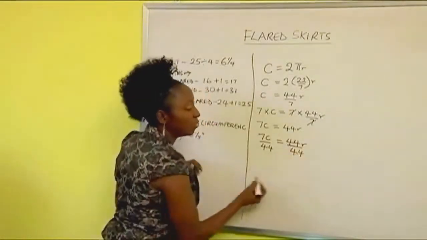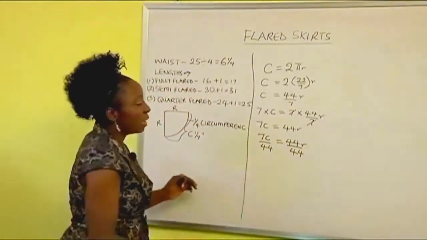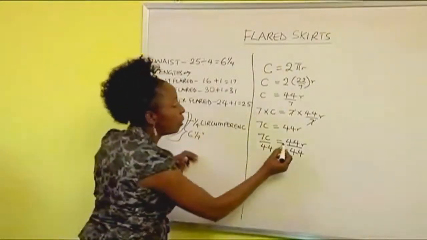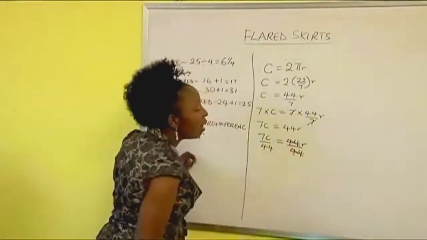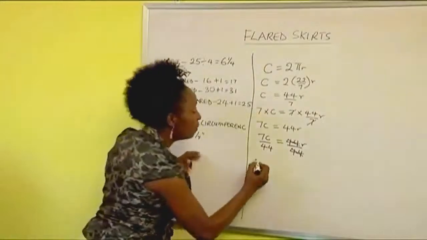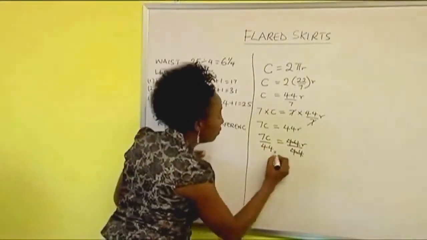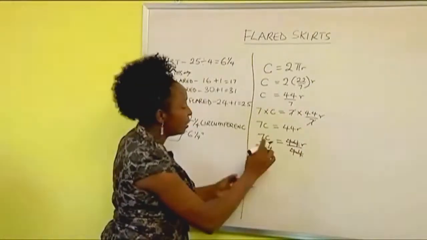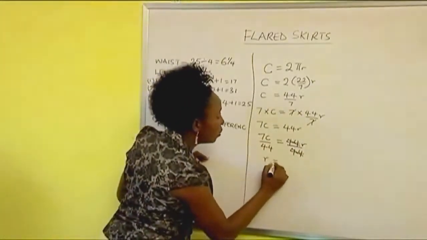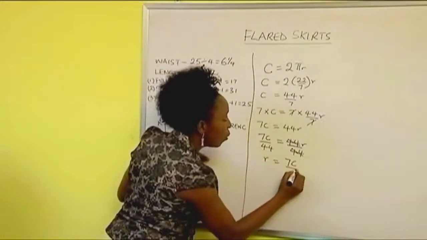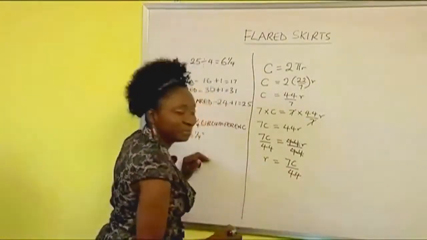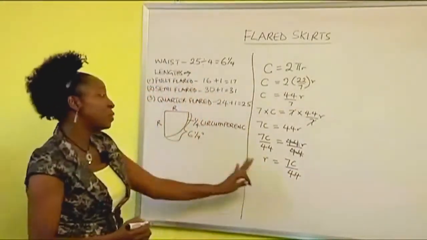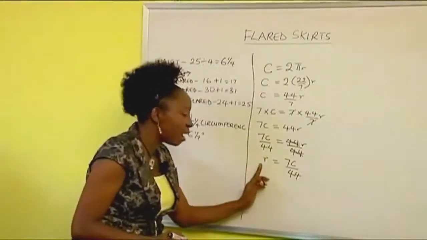Now I just cancel 44 with 44, and then what I'm left with is r. So now I'll change this to the other side, and that will be r equals 7C/44. Easy.